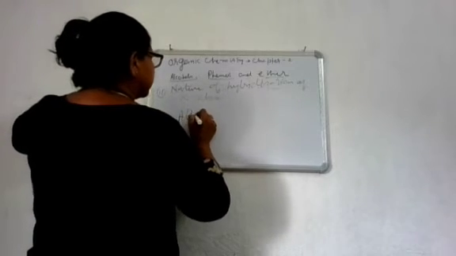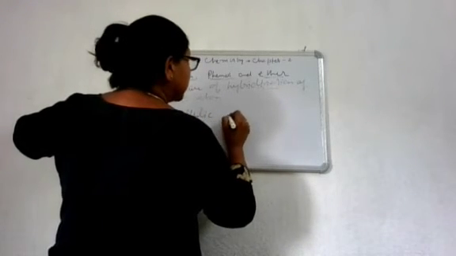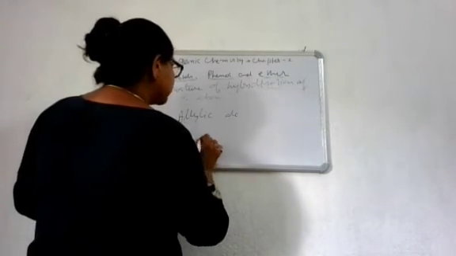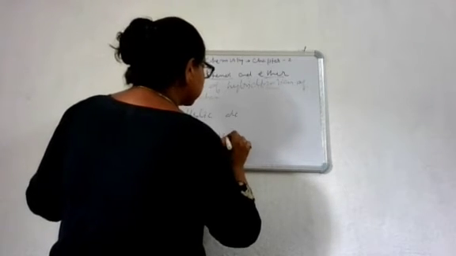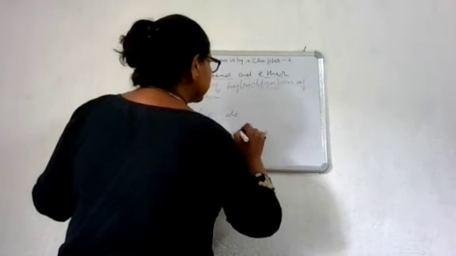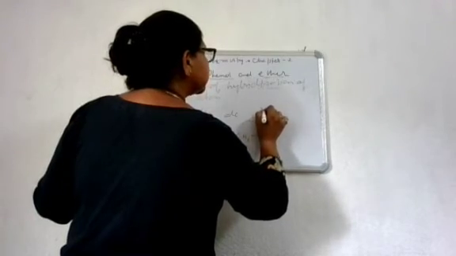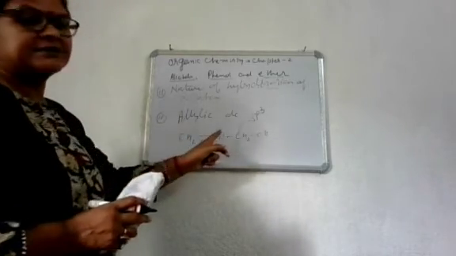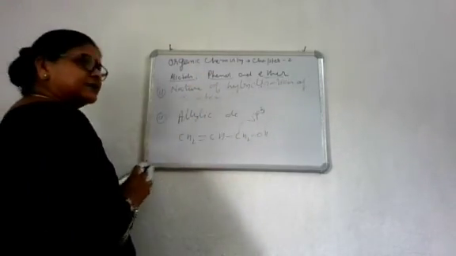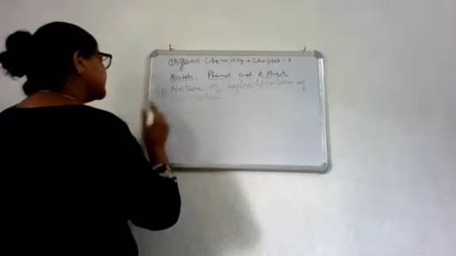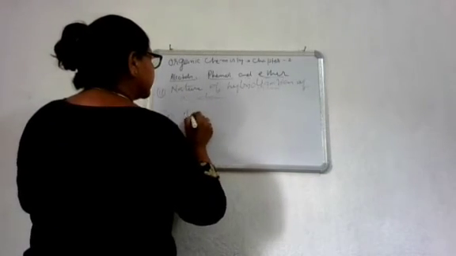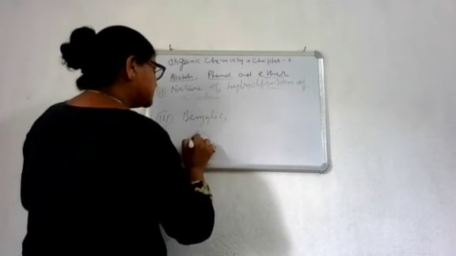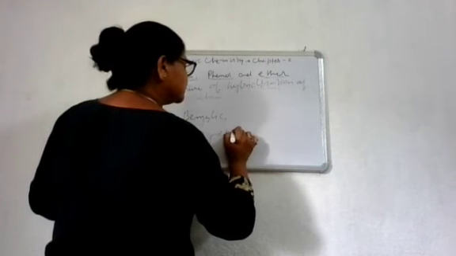The second classification in this group is allylic alcohol, in which the OH group is attached next to a carbon-carbon double bond. The carbon atom is sp3 hybridized, but the OH group is attached next to a carbon-carbon double bond. The third one is benzylic, in which the OH group is attached with a benzyl group.